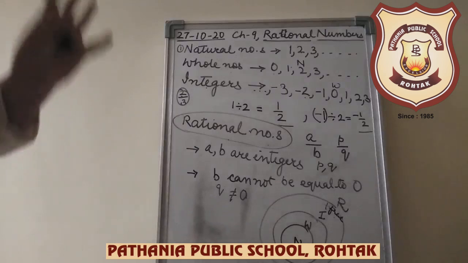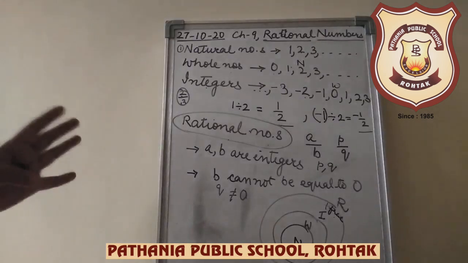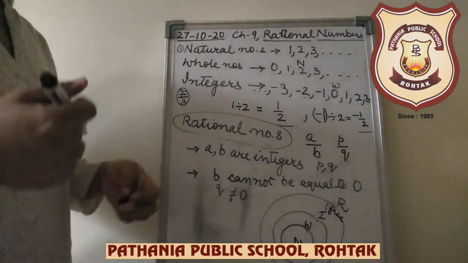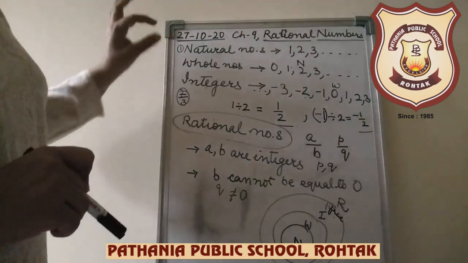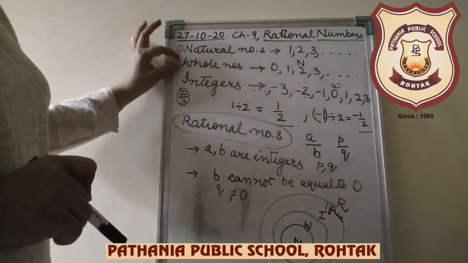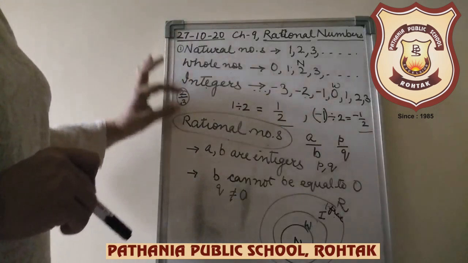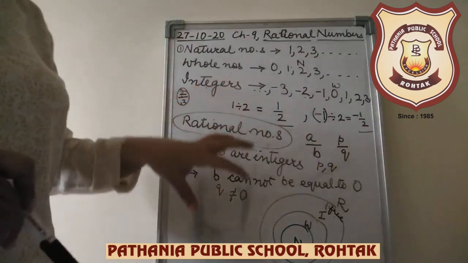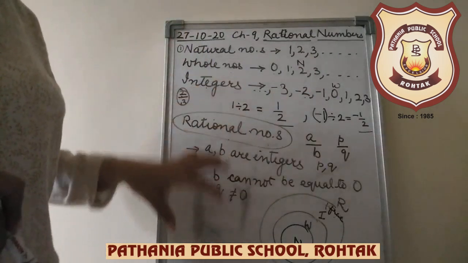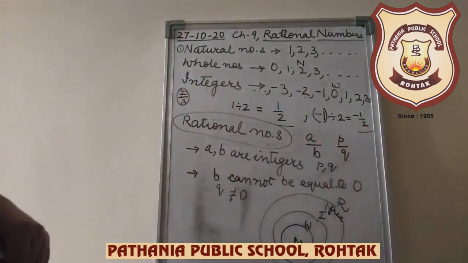As you move to your next class, you will study one more different type of number. So, we started with this, then we moved to this, and now rational numbers will include all these together. Clear?